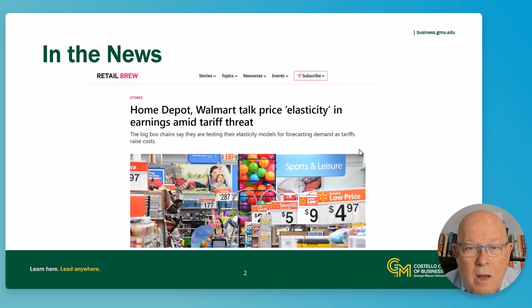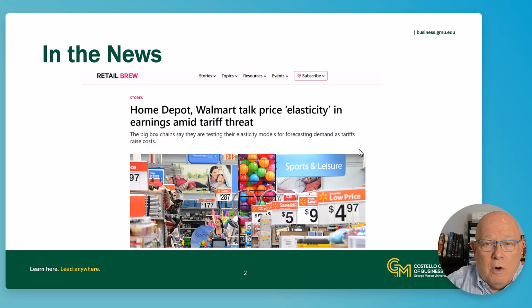So once again, I would recommend taking the topics that we're going over each week and running them through Google. If you do that for this week, the main topic is actually elasticity, and you'll find that there's been lots in the news recently about elasticity.